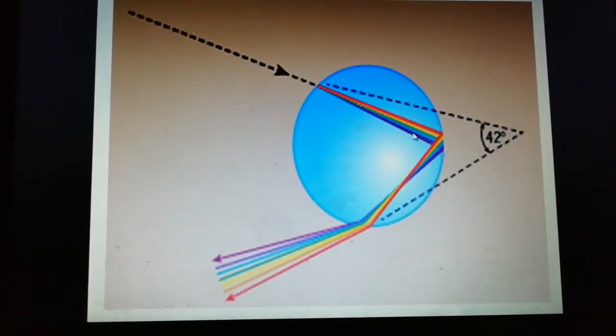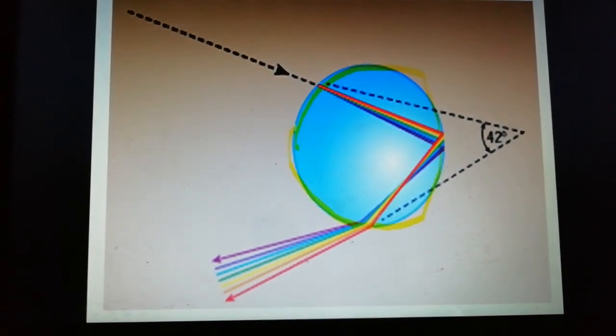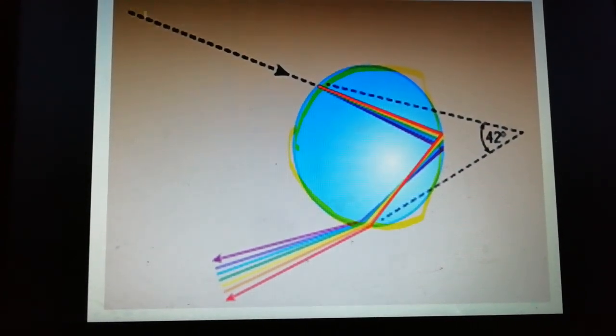Students, consider this is a water droplet in the atmospheric air. This is the incident ray from sunlight.